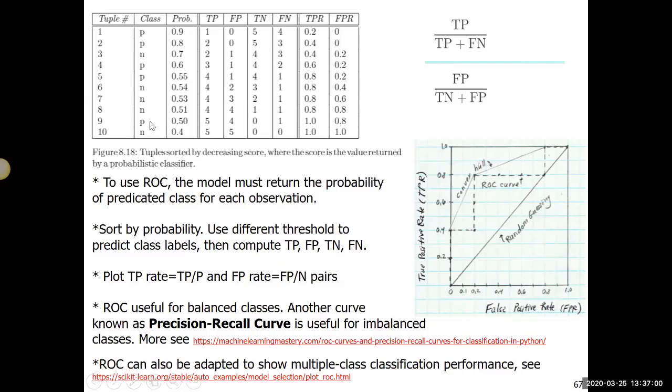We predicted them as negative, and they turned out to be positive. So going down this list, we fill out the TP, FP, TN, FN. That allows us to compute the true positive rate, which is here, and the false positive rate, which is here.